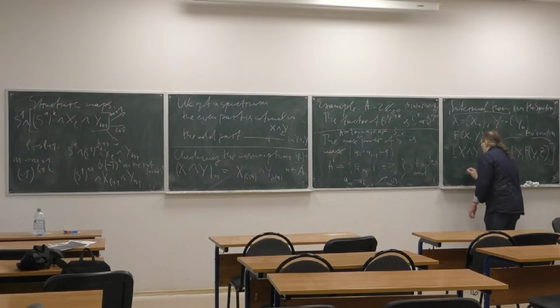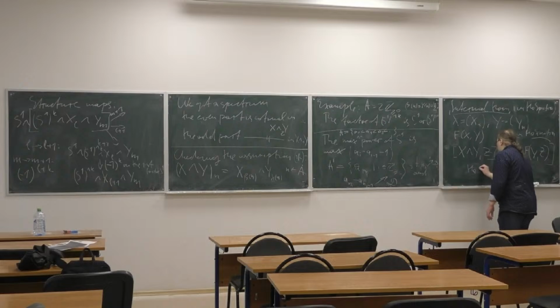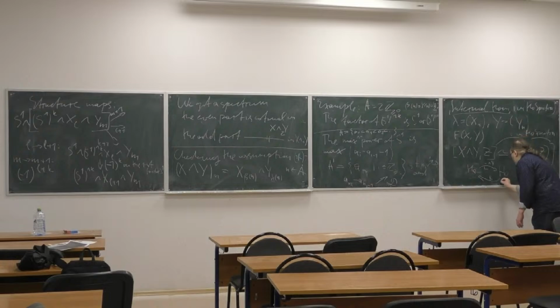We have the homotopy category of spectra, and we have the left adjoint, which is smashing with Y, and the right adjoint, which is F from Y.